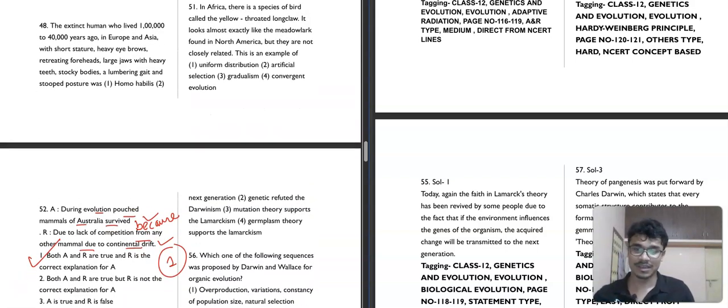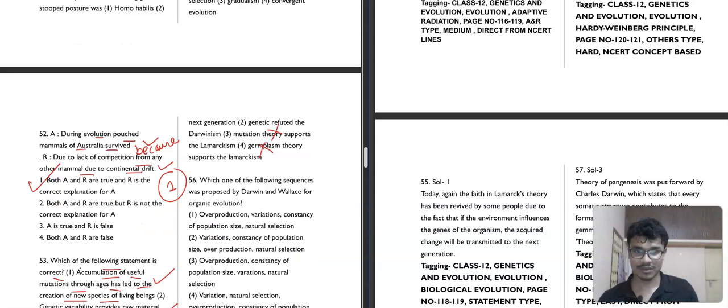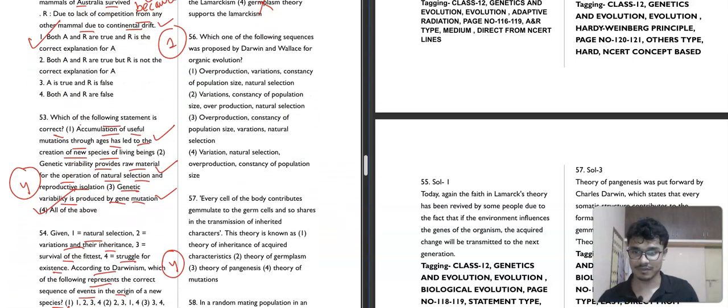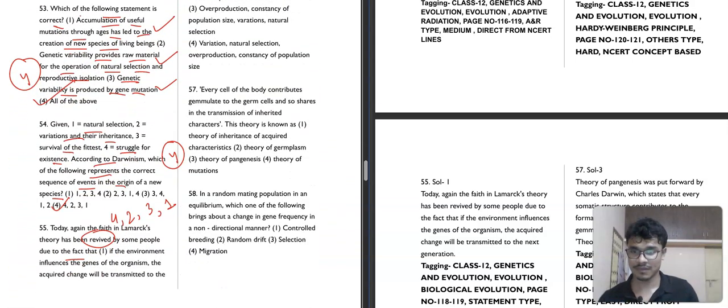Then genetic variation refuted Darwinism. Then mutation theory supports Lamarckism. Germplasm theory supports Lamarckism. No, these are not correct. The correct one is the first option. If the environment influences the genes of the organism, the acquired change will be transmitted. So, first option will be your correct answer.